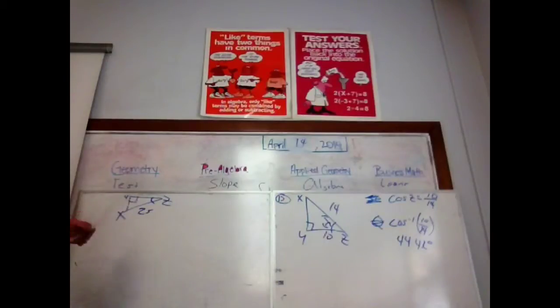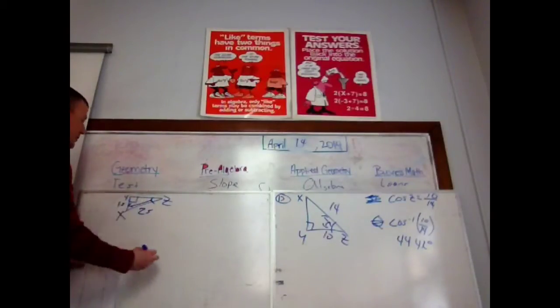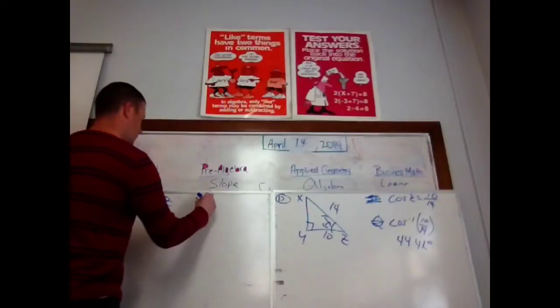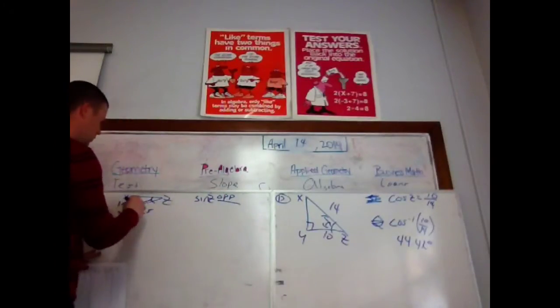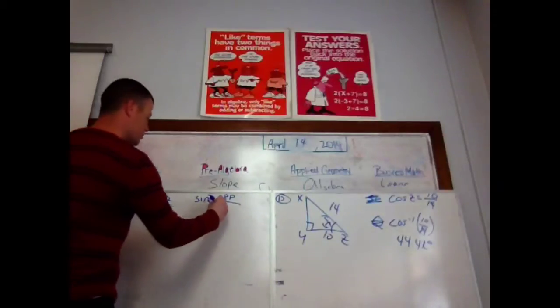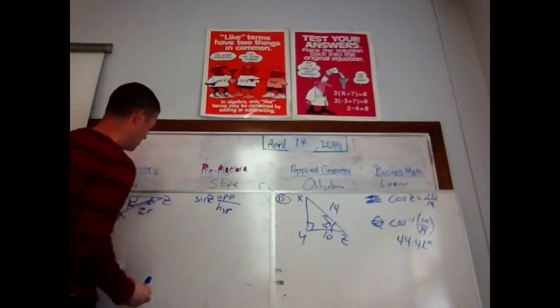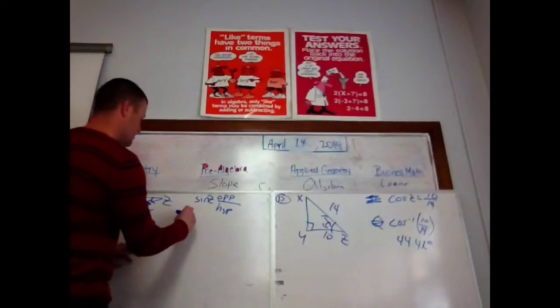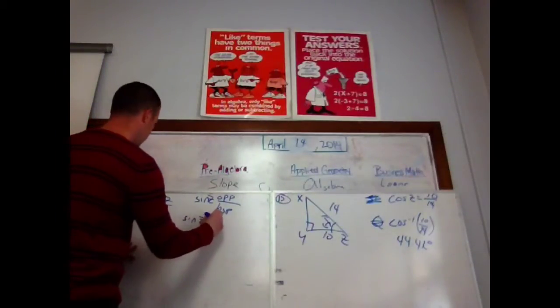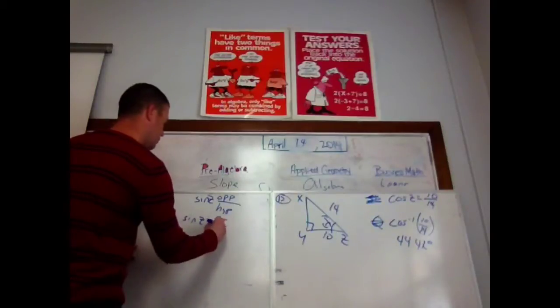And so therefore, all we do is, well, opposite. Sine z is opposite over the hypotenuse. It just happens to be sine because of where it's located. So we put sine z equals 15 over 25.